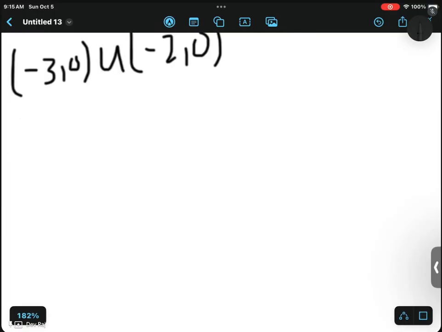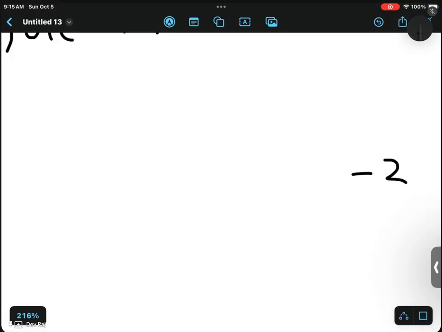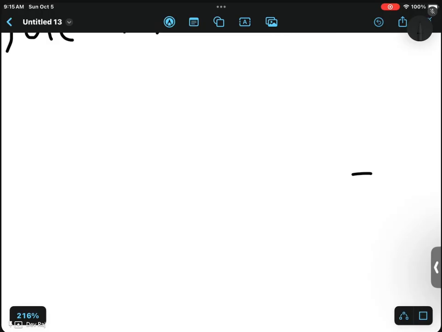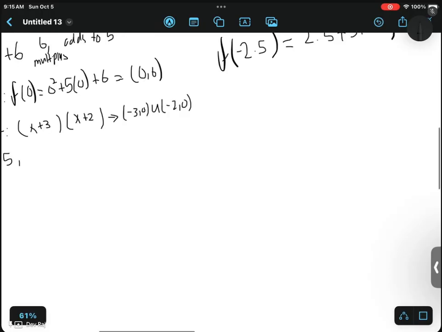Right? If you have negative 2, you have negative 3, negative 3.5 would be right here, right? We want something right here. Does that make sense? Yeah? Okay. So that'd be further away from 0, and it'd be closer to negative 3, but it wouldn't be closer to negative 2, so we can't say it's the middle.